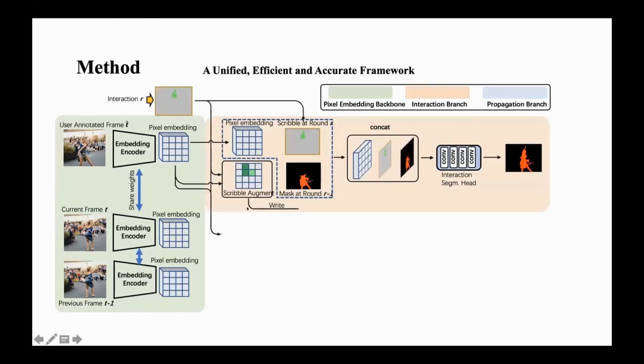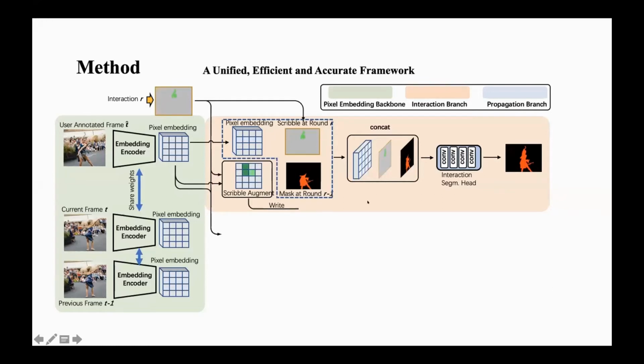And the interaction branch aims to generate the mask of the user annotated frame. In the interaction branch, the user provides annotations, these scribbles, and we concat the pixel embedding of the user annotated frame, the scribbles provided by the users, and the predicted mask at the previous interaction round.